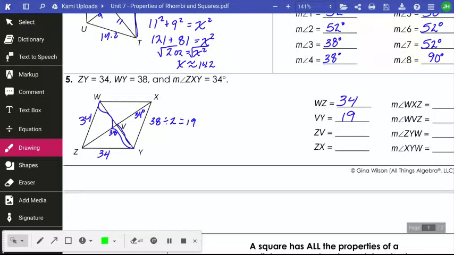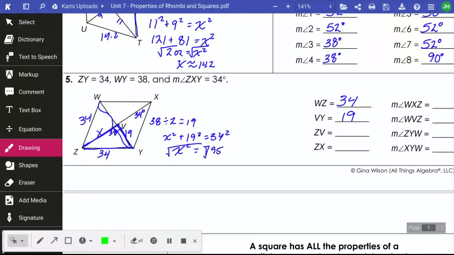And then ZV is this part of the diagonal. So if I look at this, I have this right triangle where this is 19, and I have the hypotenuse as being 34, and then I'm missing the other leg, so we'll call it x. So I'll do x squared plus 19 squared equals 34 squared. If I square each thing and subtract the 19 squared over to the 34, I'll get x squared is equal to 795.